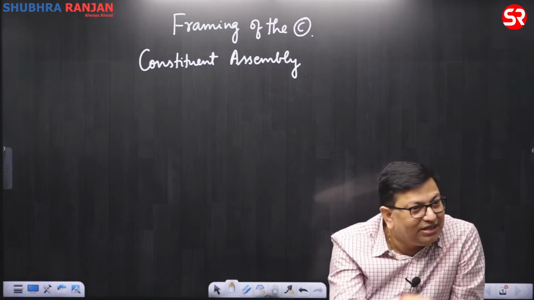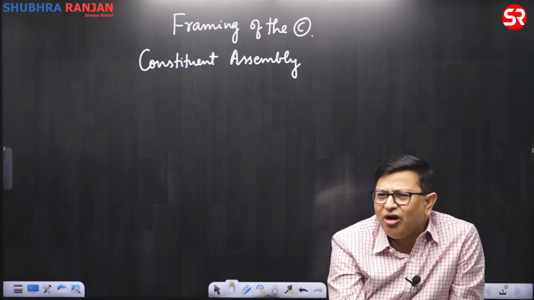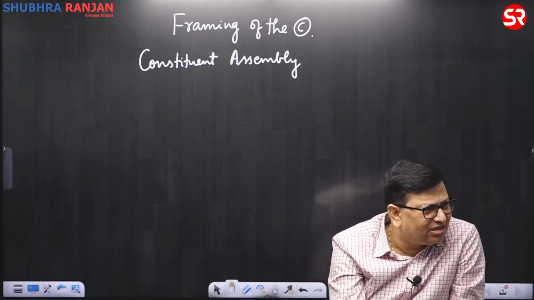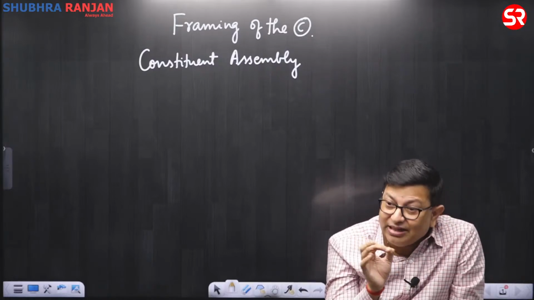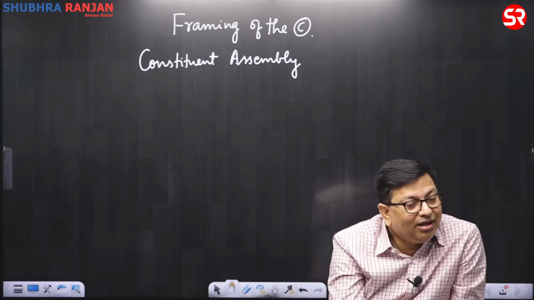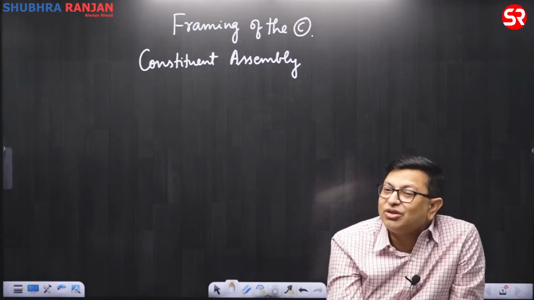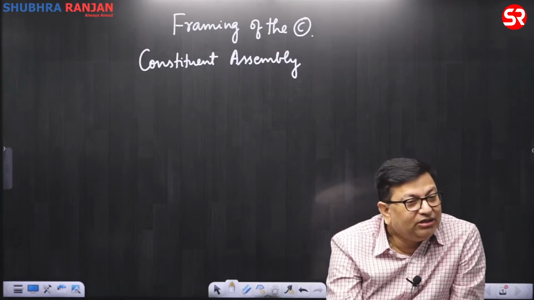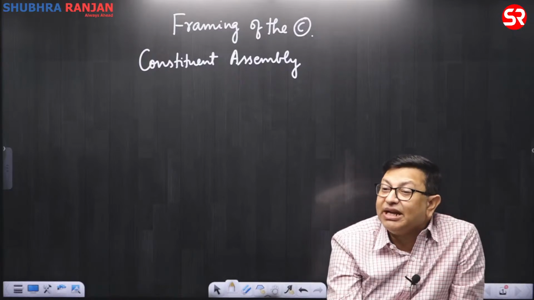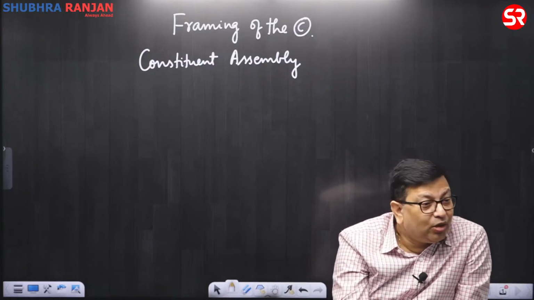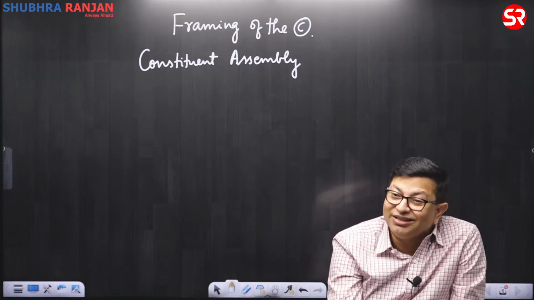This observation that I told you is not a glorification of Indian constitution making as a nationalist, but it has been written down in one of the most famous books on the framing of the Indian constitution. The book is by Granville Austin, The Constitution of India: Cornerstone of a Nation.